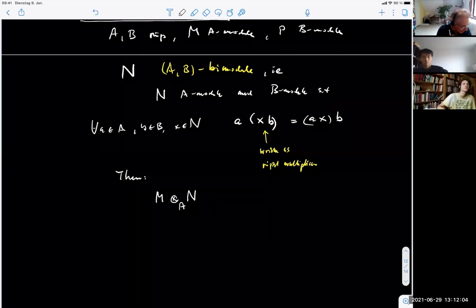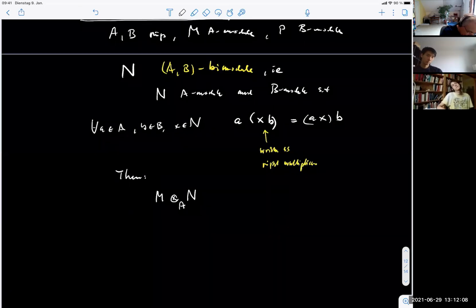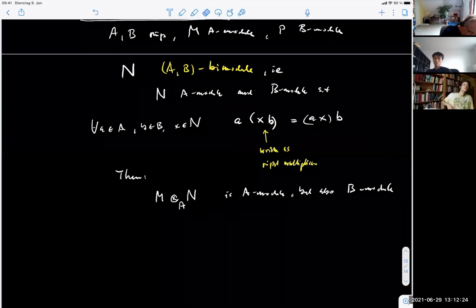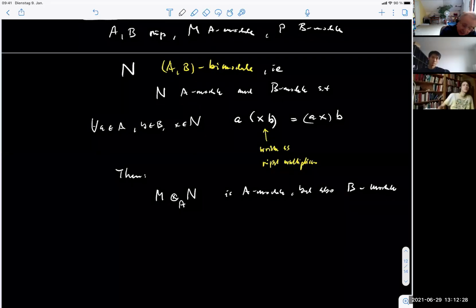But it's not only an A-module, it's also a B-module. Why is it a B-module? Because of the bimodule structure: the scalar multiplication with elements of B just takes place on this side.